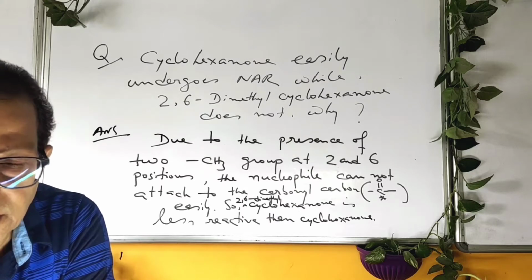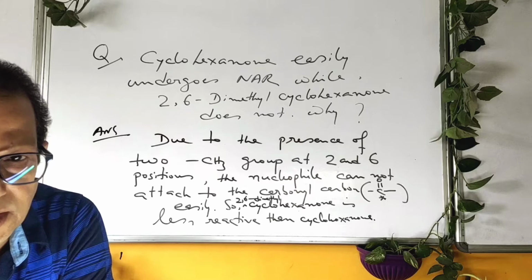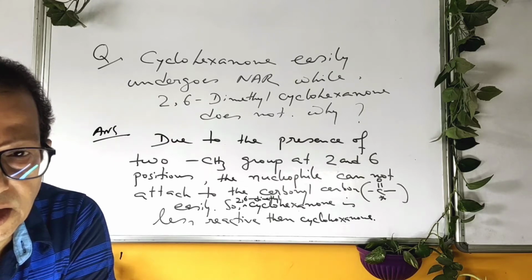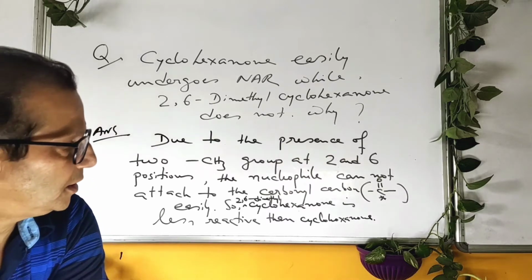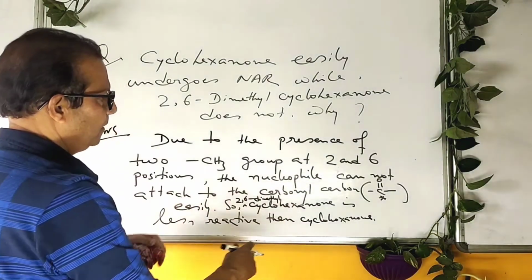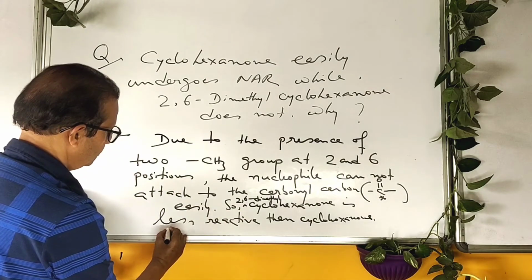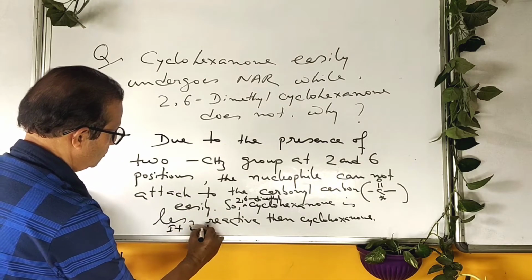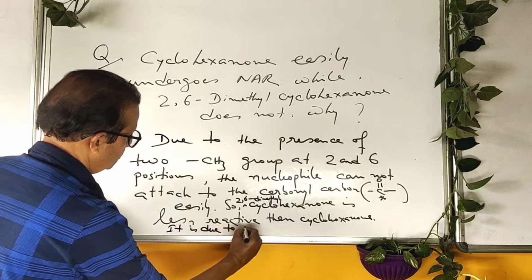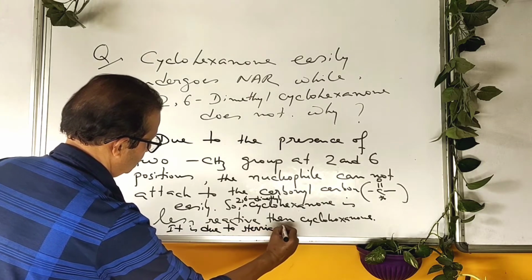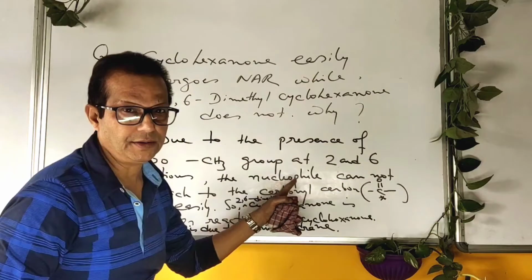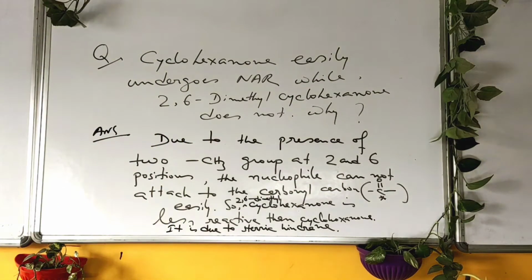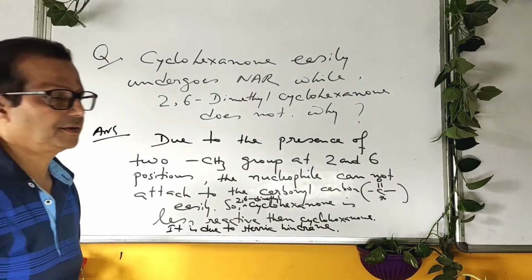It is steric hindrance. That's why 2,6-dimethyl cyclohexanone is less reactive than cyclohexanone. Okay. So write it, okay? It is due to steric hindrance.